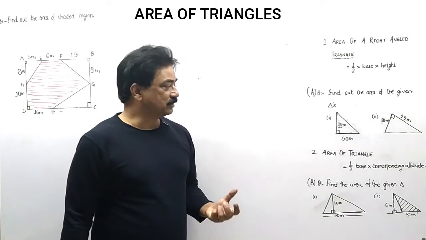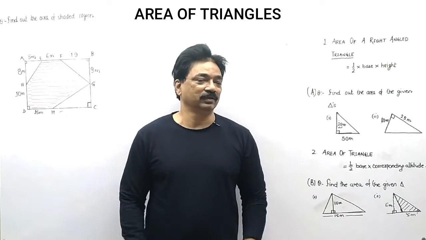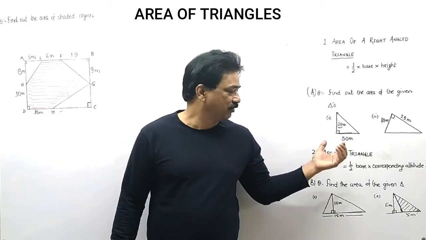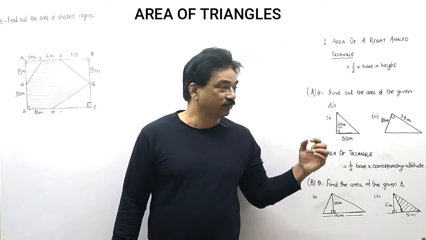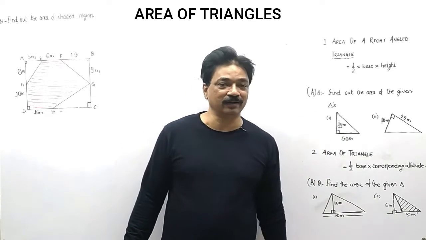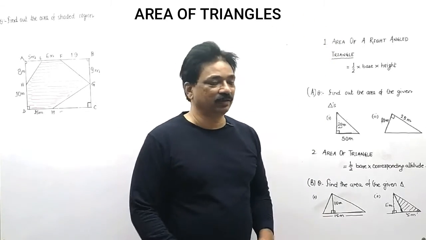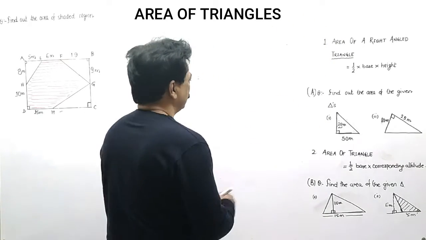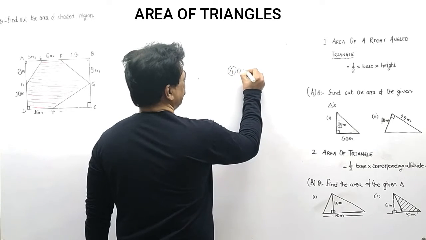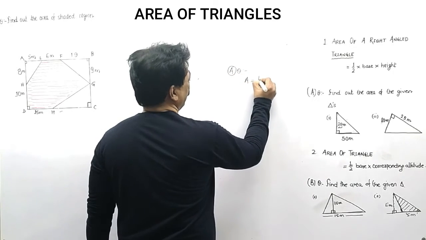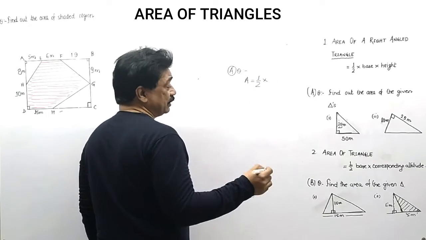So in other words, if somebody gives you a right angle triangle, remember that you can use the formula half into the product of the sides containing the right angle. Now for example, question 1: area will be half into the product of the sides containing the right angle.